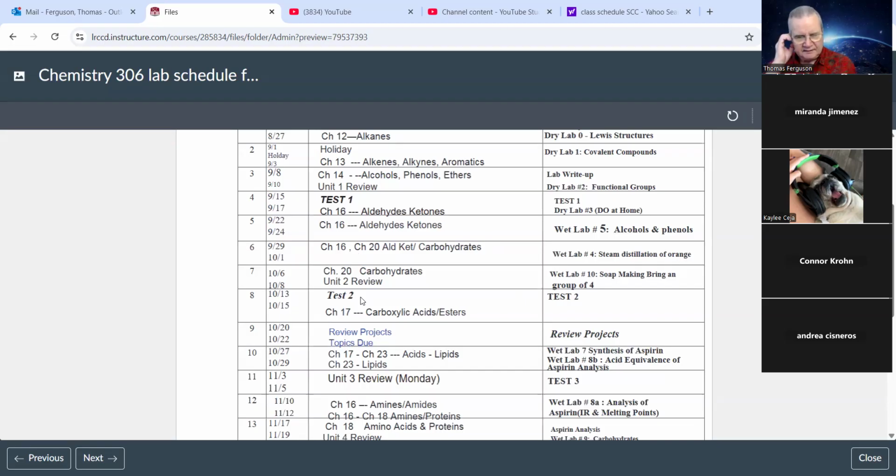And this test will be on Monday the 13th. Now, it will also be available on Wednesday. So I'll do the same as last time. Last time I had the test available on Monday for those who could not make it on Wednesday. So you can take it on either day, Monday or Wednesday. And I'll be there earlier than 3, but I know one person had a work conflict. She couldn't be there before 3. So I'll be there as long as anyone needs it. So you can have more than an hour and a half, 2 hours for this test, if you need it, of course.